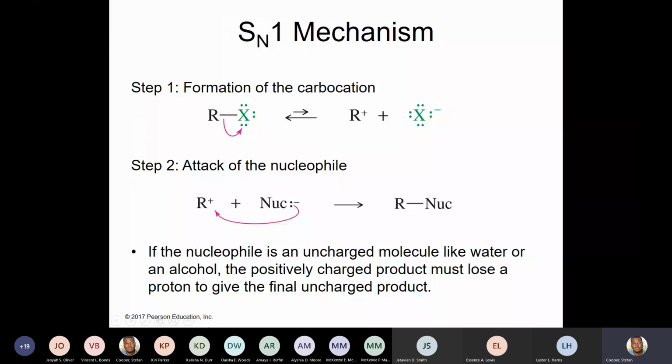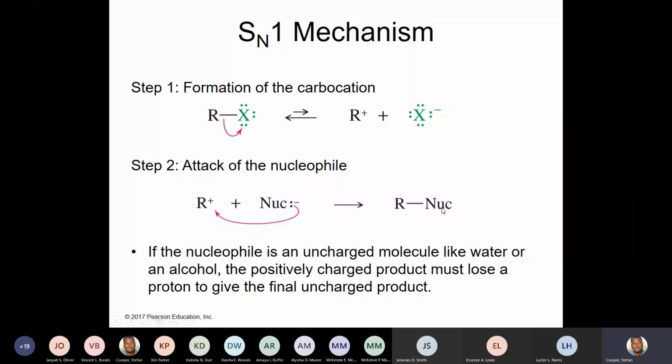Okay, so let's look at the mechanism steps for SN1. First, the leaving group leaves to form a carbocation, and we know that we have to beware of any potential rearrangements with carbocations. There's 4 ways that a carbocation can rearrange, right? Once I form a carbocation and arrange myself to the most stable state I can be in, then my nucleophile will attack and I will form my product.